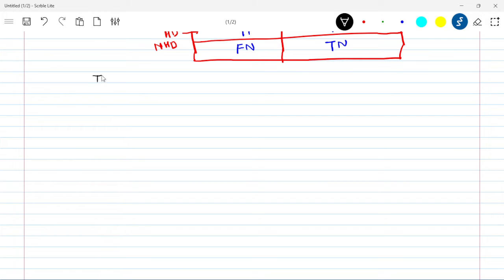True positive rate means what percentage of the model's predictions are positive out of the actual positive.